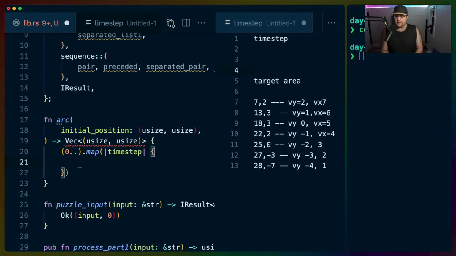So this is going to be, let's do this instead. XY. This is going to be XY for time step 0, right? Or is this, yeah, so this is 0, right? Right here.